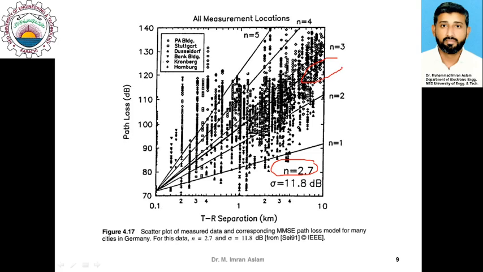You can see this thick line is around the center of all the measurements. So this thick line represents the mean value, whereas the deviations around it are caused by the shadowing effect, and the standard deviation of that random variable comes out to be 11.8 decibels.